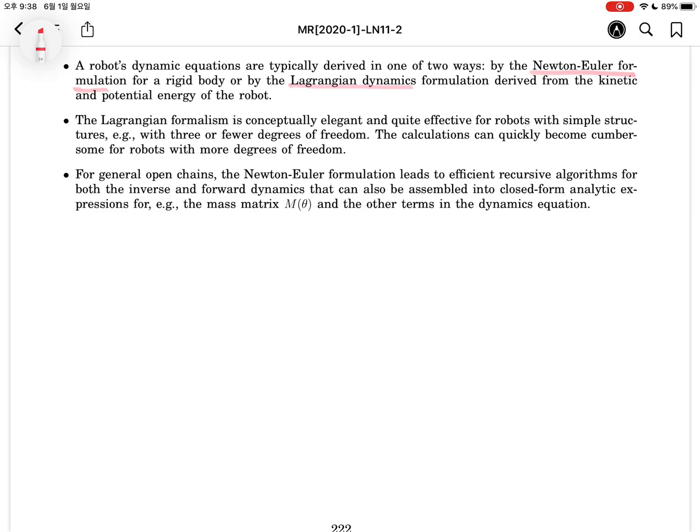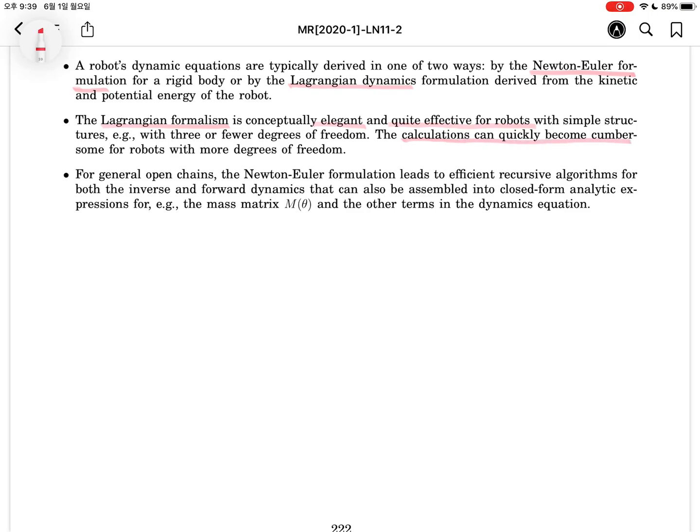Let's compare the advantages and disadvantages of both methods. The Lagrangian formulation is conceptually elegant and quite effective for robots with a simple structure, such as 2 or 3 degrees of freedom. But for a robot system with 4 degrees of freedom, the Lagrangian method is not effective because differentiation is required, which makes the problem difficult.